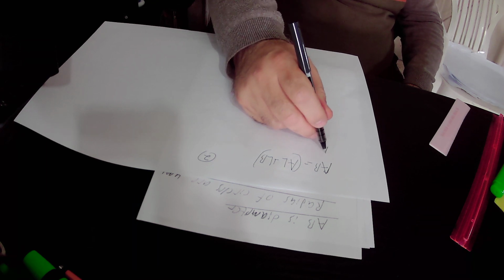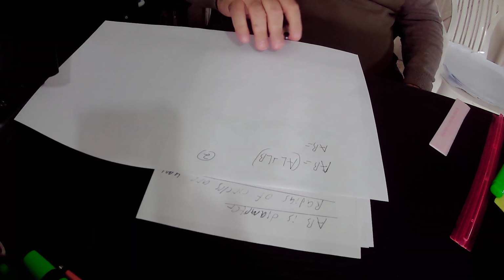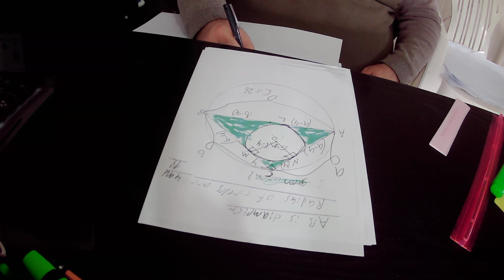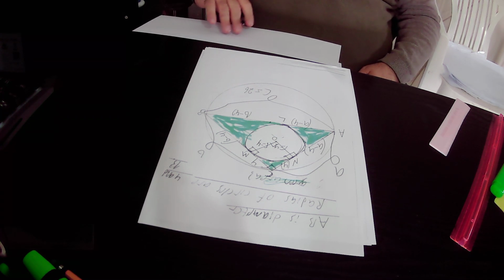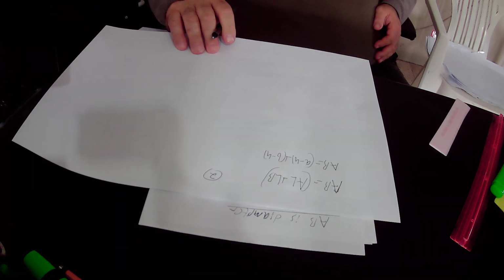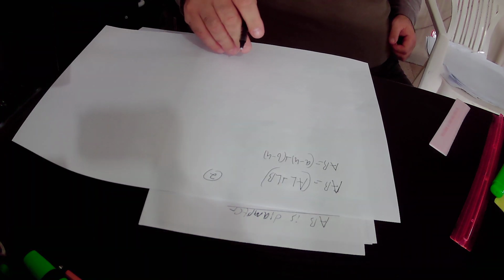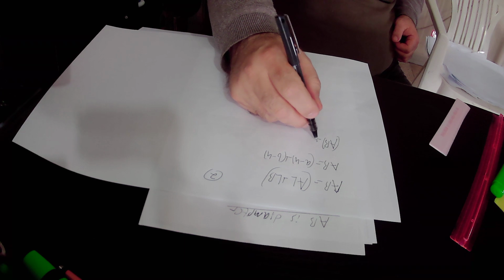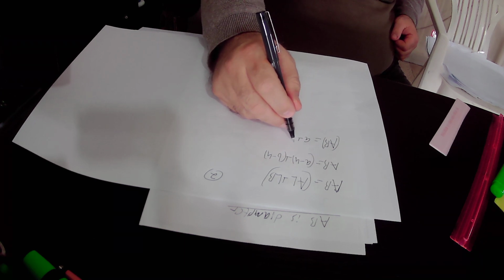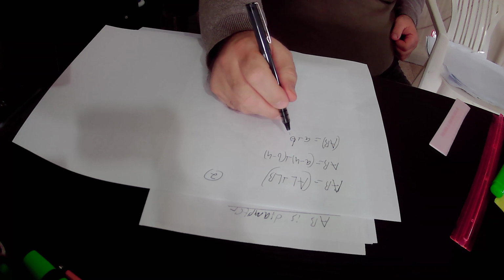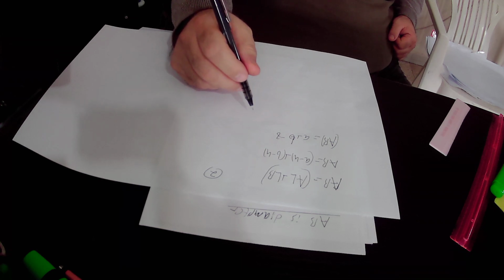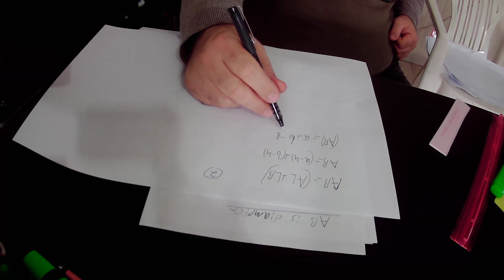That is to say AB equals AL, which is A minus 4, plus LB, which is B minus 4. So in conclusion, the diameter AB equals A minus 4 plus B minus 4. That is to say the diameter AB equals A plus B, minus 4 plus minus 4 is minus 8. So the diameter AB equals A plus B minus 8.